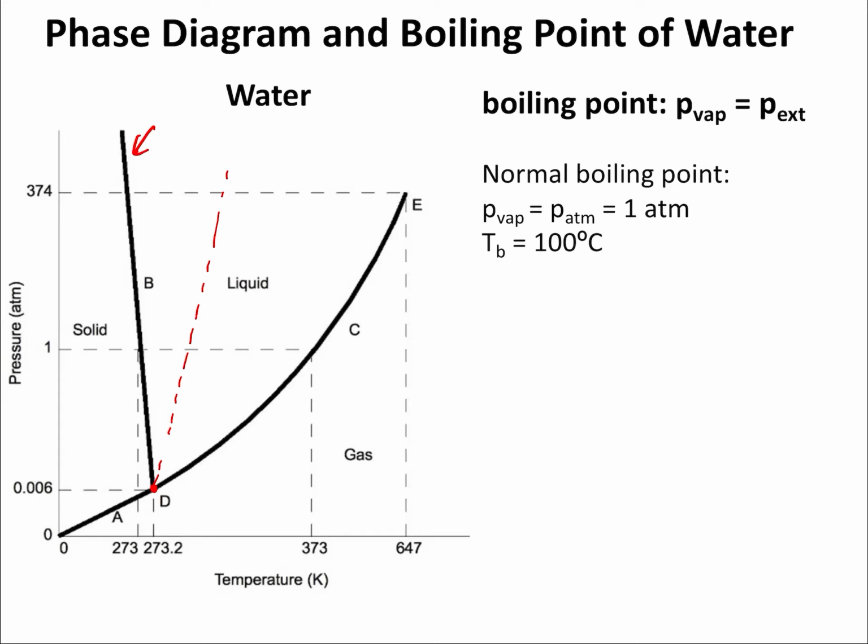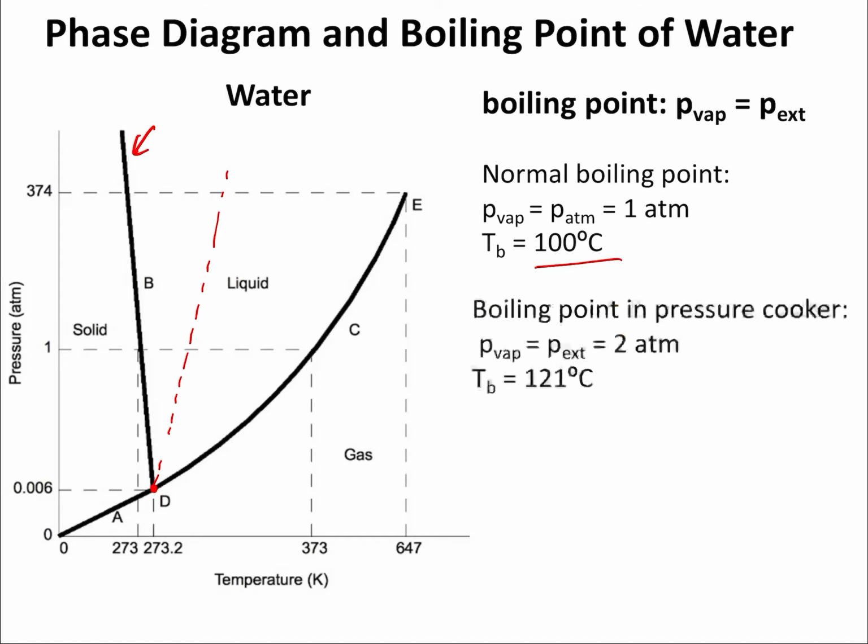The normal boiling point of water is 100 degrees Celsius when the external pressure is 1 atmosphere. If you were to increase the pressure, so let's say you put water into a pressure cooker and pressurize the container from 1 atmosphere to 2 atmospheres, using the Clausius-Clapeyron equation you could calculate the new boiling point, which turns out to be 121 degrees Celsius.